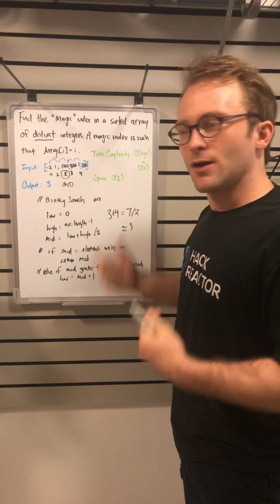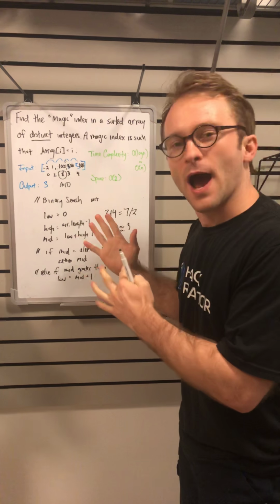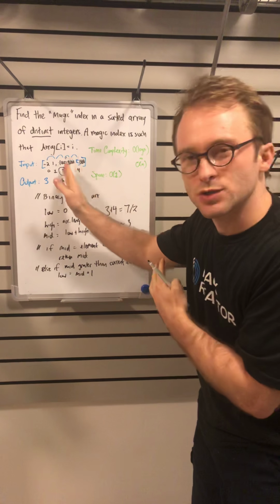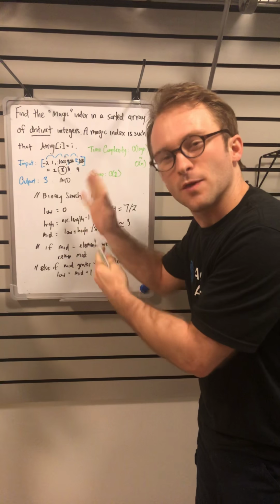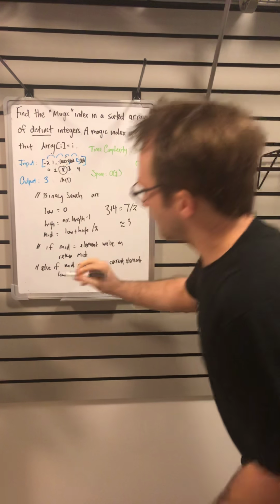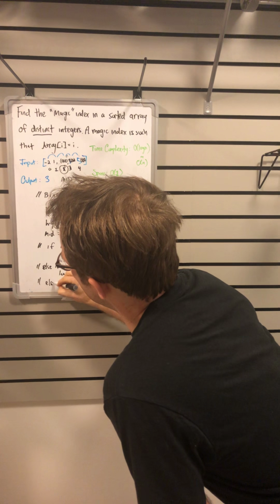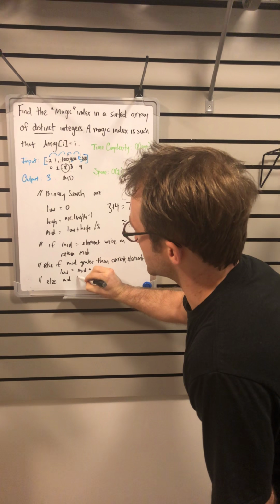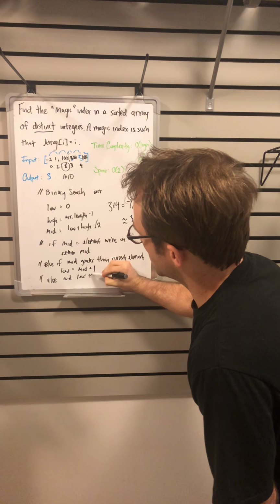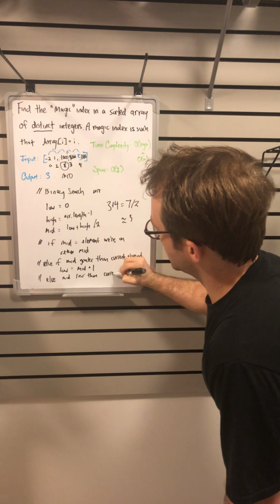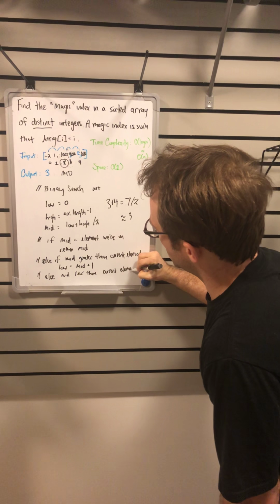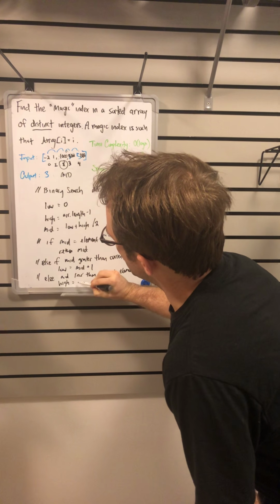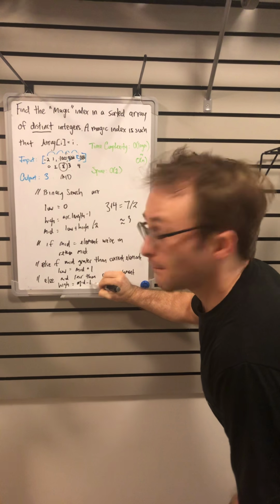So logically, we should reset our high to a range that is closer to where the mid is. So for our else statement here, which is basically saying else the mid is less than current element, we want to reset our high to be equal to where the mid is, minus 1.